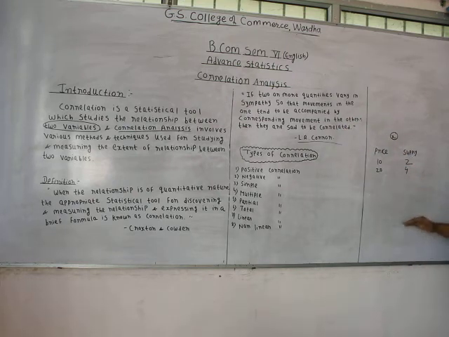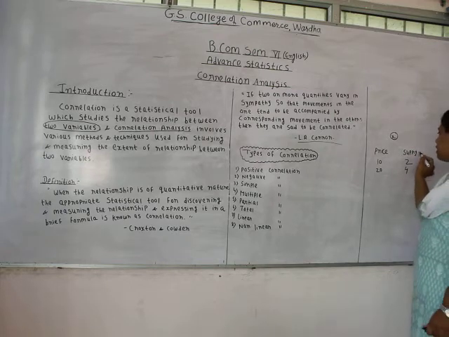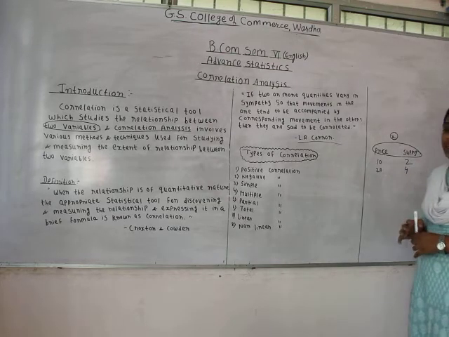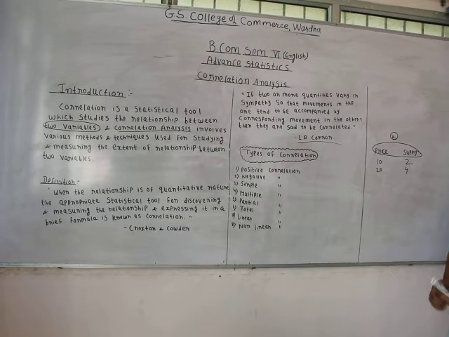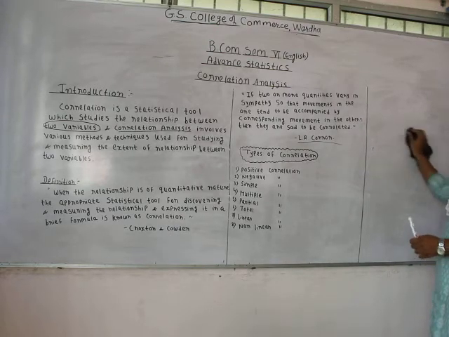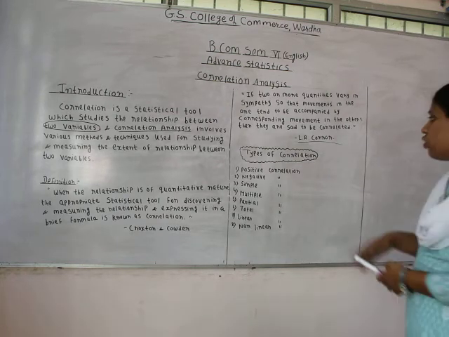Here we can see that due to the increase in price, the supply of the commodity has increased. So we will say that these two variables, price and supply, are correlated to each other. I hope now you are clear with the meaning of correlation and you have understood the definition given by L.R. Connor as well.